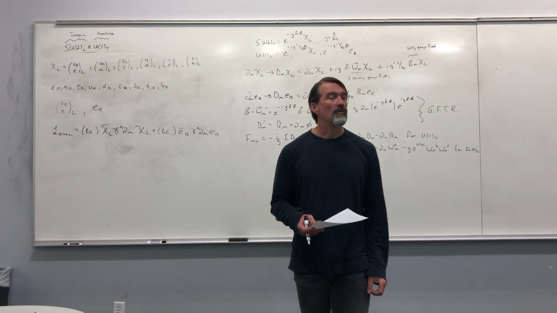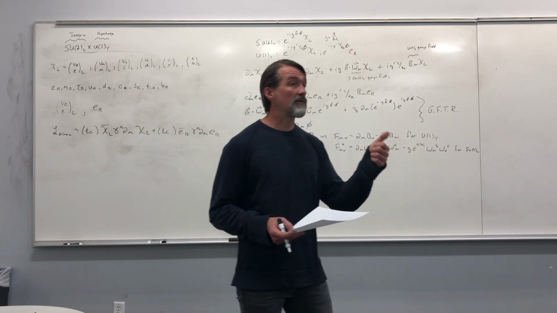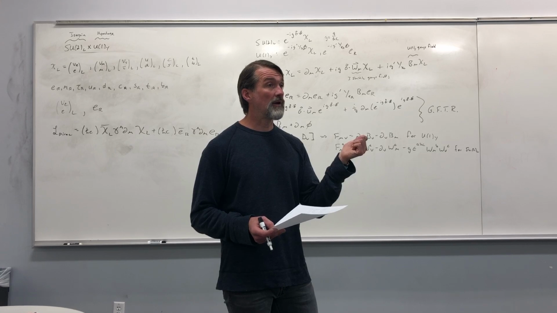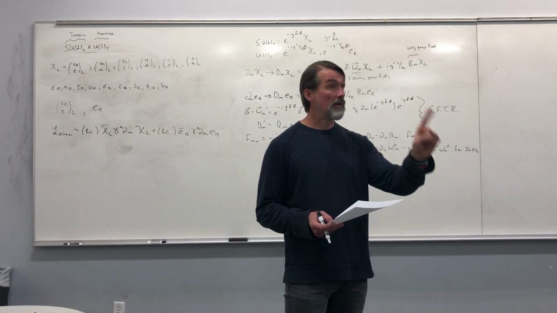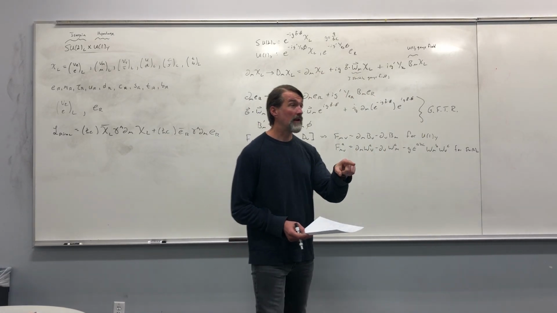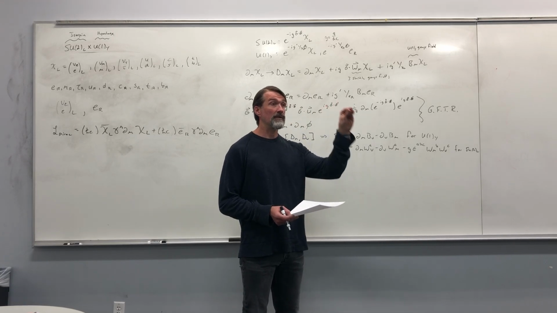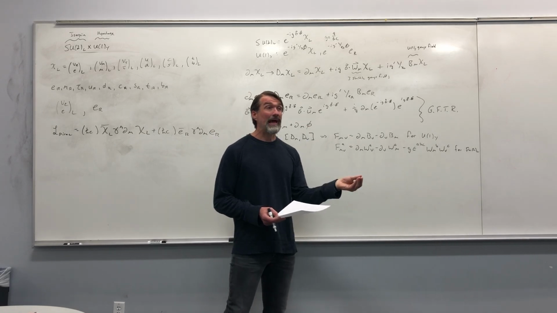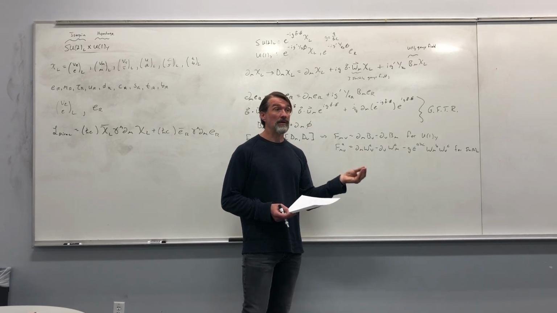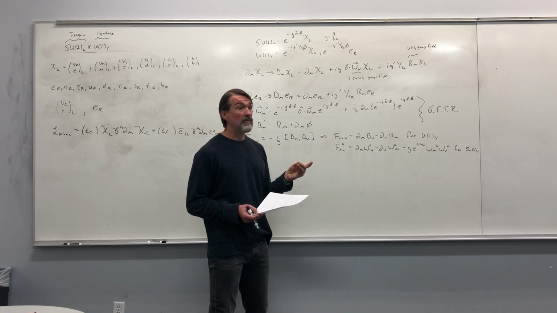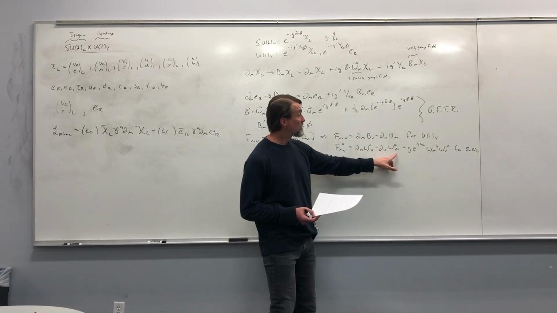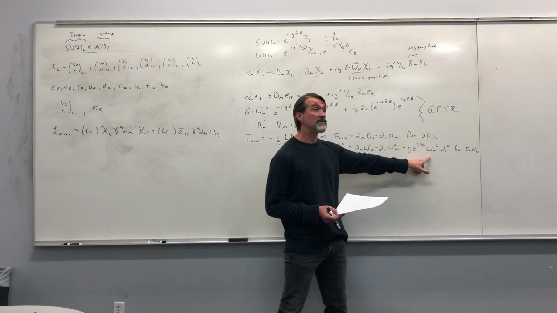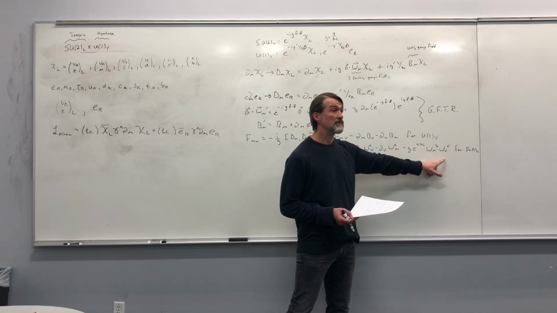Exactly. Remember how for electromagnetism, the photons don't interact with other photons? But for QCD, SU3, quantum chromodynamics, we found that the gluons interact with other gluons. And we pinned that on the fact that SU3 is non-abelian. Well, guess what? SU2 is non-abelian. So the SU2 left induces interactions between the gauge bosons. Okay?